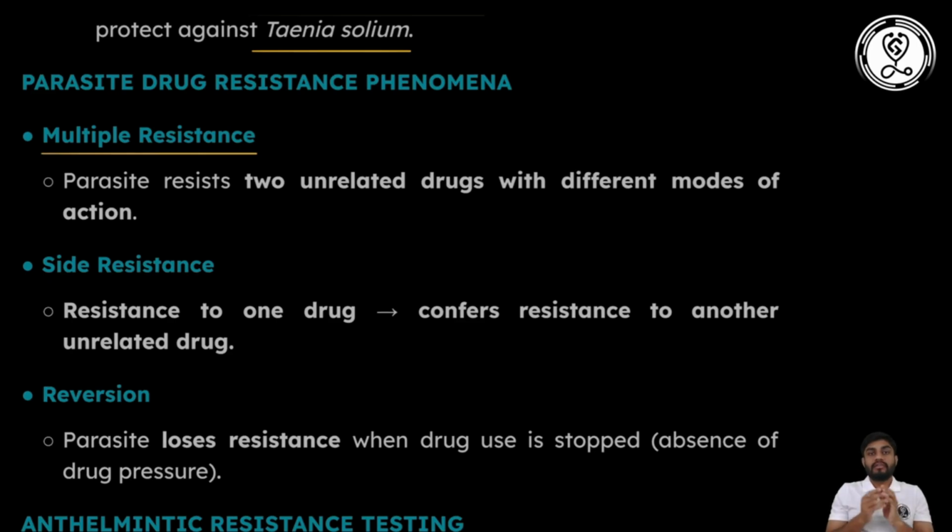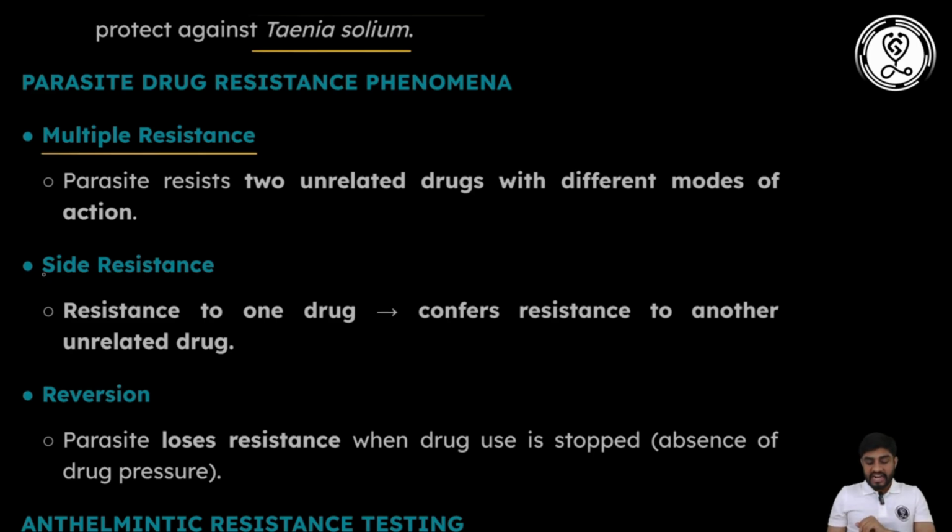Due to continuous use of benzimidazole, Fasciola is resistant to benzimidazole. After some time, you see that this parasite also acquired resistance against ivermectin. Both benzimidazole and ivermectin are different classes of drugs with different modes of action, yet it acquires resistance against both drugs. Such resistance is known as multiple resistance.